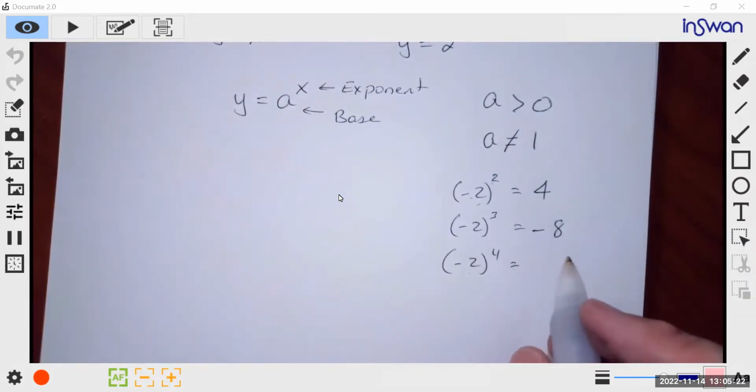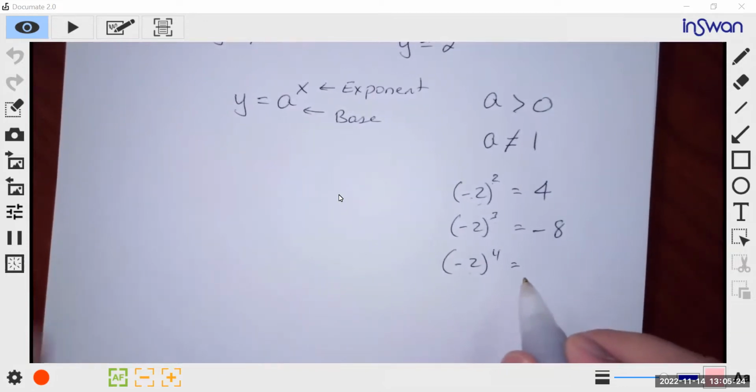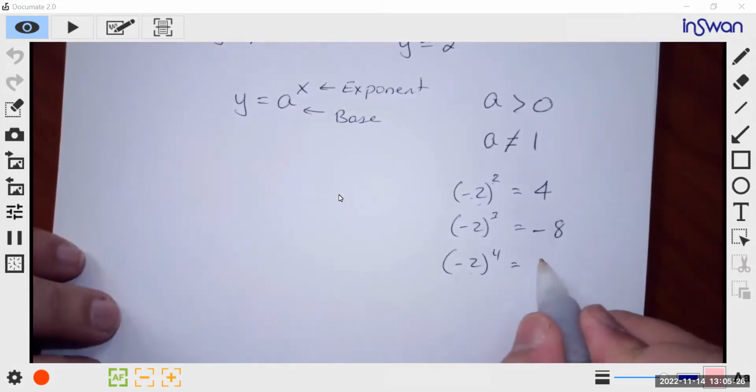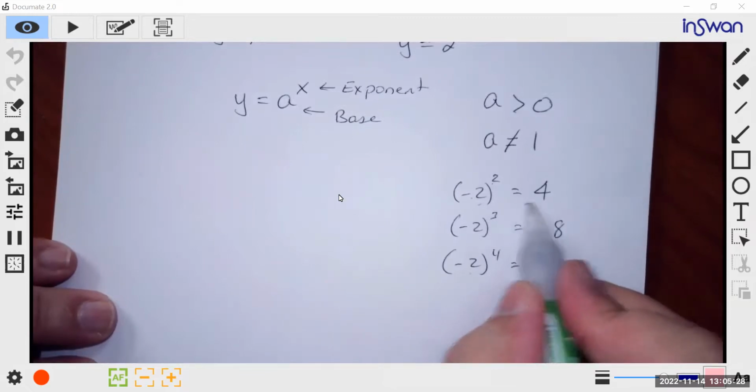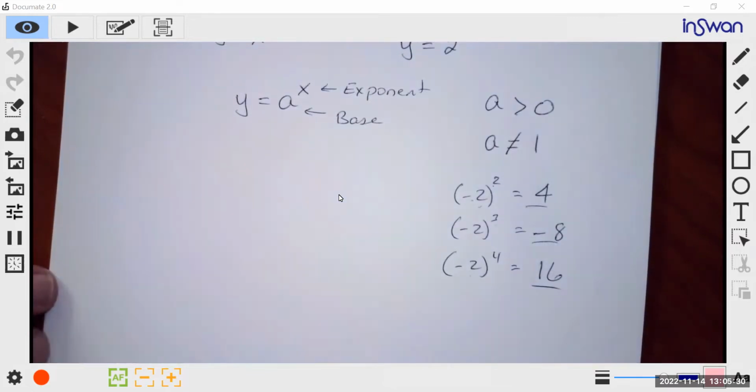Negative 2 to the fourth makes a positive 16. So you see how it changes signs each time. That's the reason a has to be positive. We cover that in calculus. It's called an oscillatory function. It oscillates up and down. It's like a porpoise.